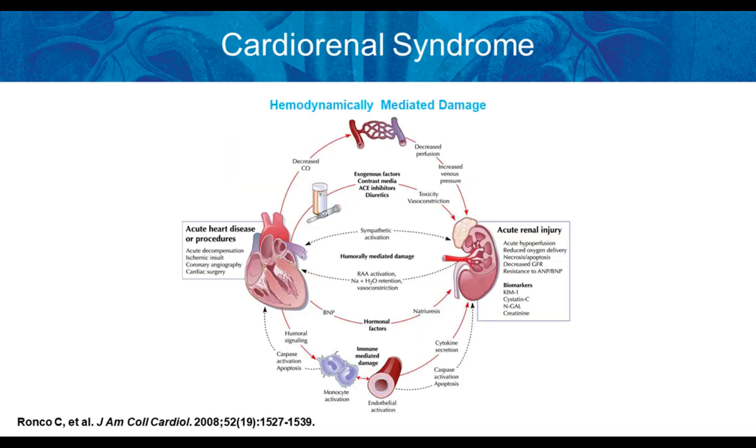And in fact, this is a feedback loop from heart to kidneys and back and forth. When there is an acute injury of either organ, there is a series of hemodynamic changes that result in harm to both organs. They are truly connected to one another in a feedback loop.